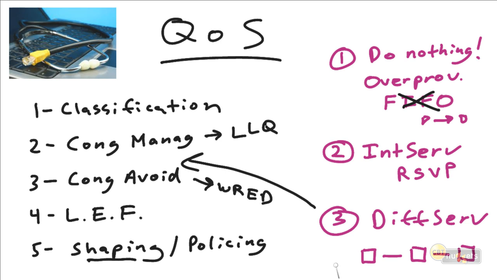We don't have enough bandwidth to send you right now, so we'll buffer you and we'll send you later. Policing is more brutal. Policing says, no bandwidth for you. Wait a minute, that sounds like a Jerry Seinfeld episode. Policing says, look, if there's not enough bandwidth to send you, we are absolutely taking that additional traffic you're trying to send and we are going to drop it.